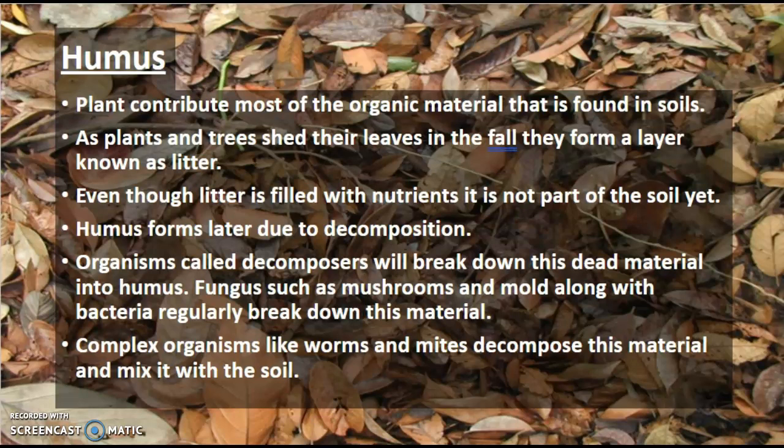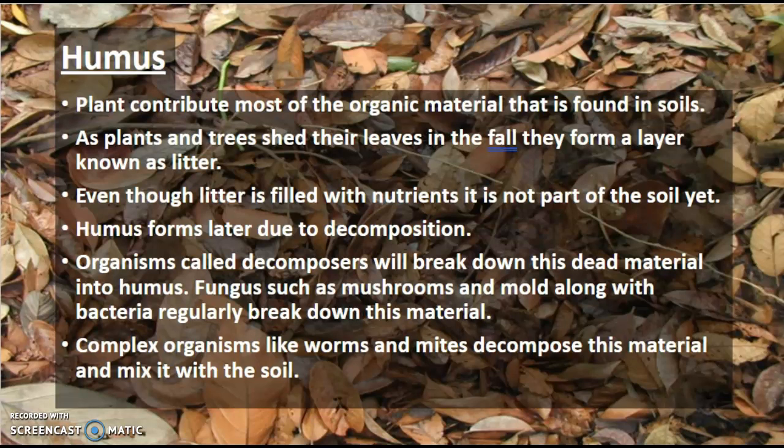And as we talked about briefly, humus is the organic material that's found in soil, and it happens as plants and trees shed their leaves and they fall to form a layer known as litter. This litter is filled with nutrients and is not part of the soil yet.